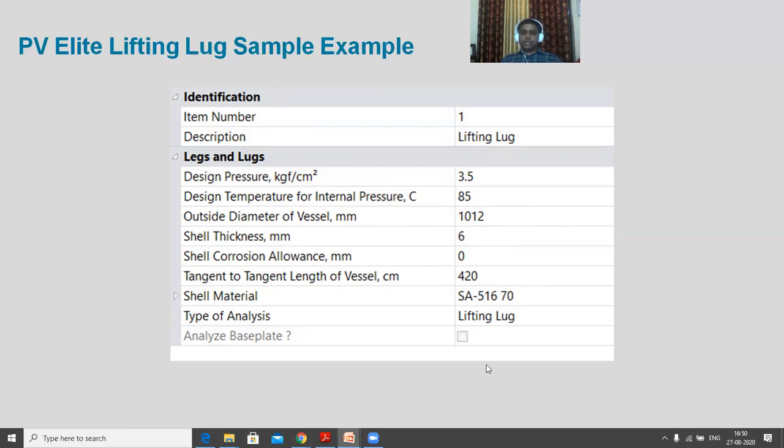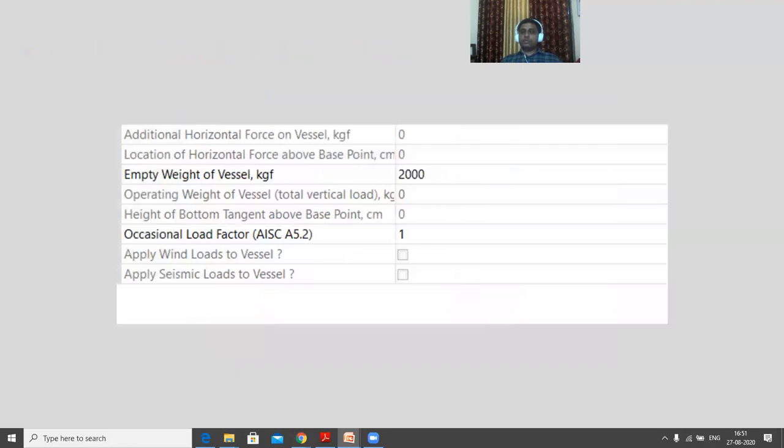If you put all this data in CodeCalc, it will just be represented in the report. It will not be utilized anywhere, because here we are going to calculate and resolve the forces, and give those values over here. In CodeCalc, we have to give the weight of the equipment. Again, this is just a value which will be reflected in your report.